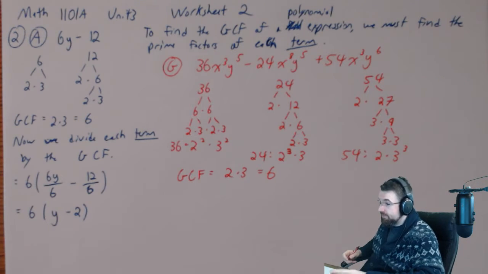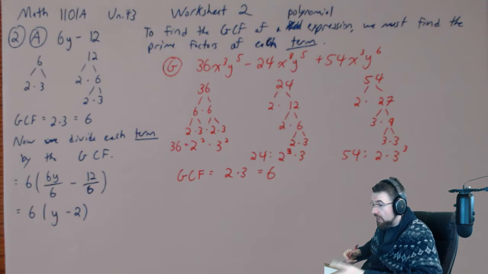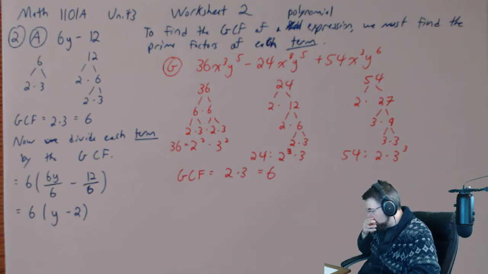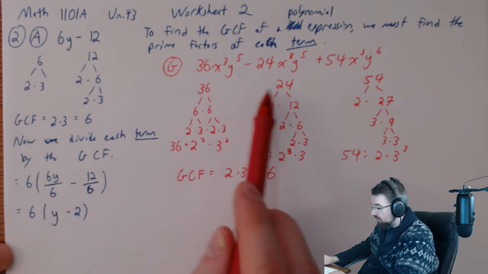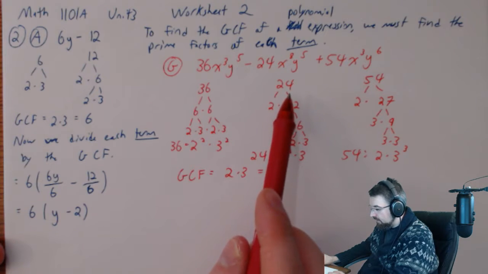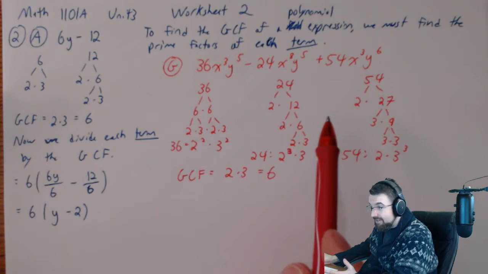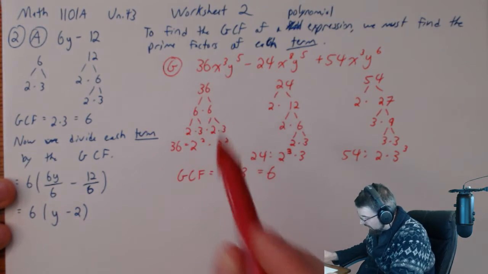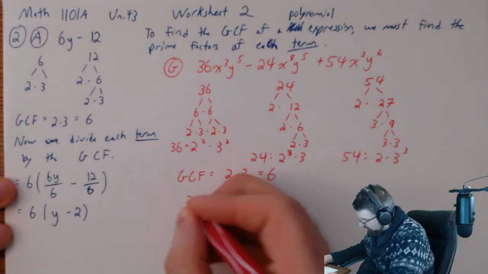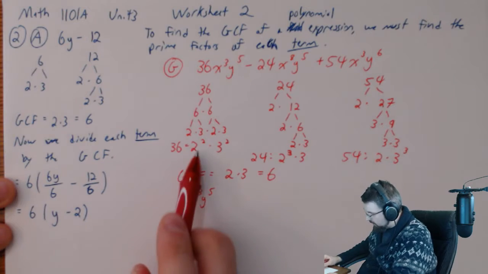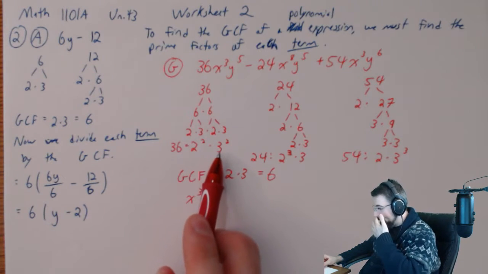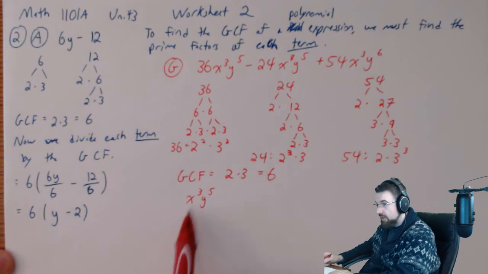Now, we can also find a common factor amongst the variables as well. I showed it to you without the variables first, just so we could do this, but the variables are not any different really. In the first one, I could even write them out the same. So in this one we have x cubed y to the 5, and you notice that it looks kind of the same as this, right?